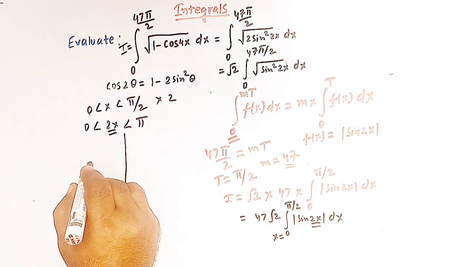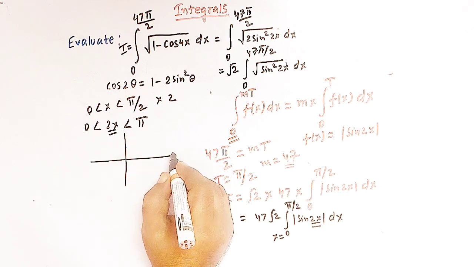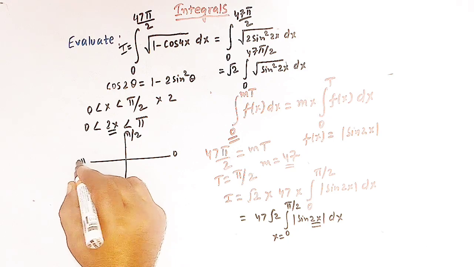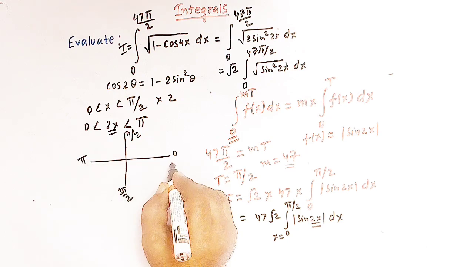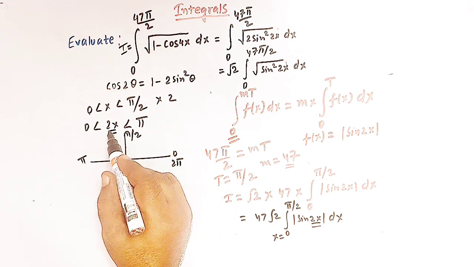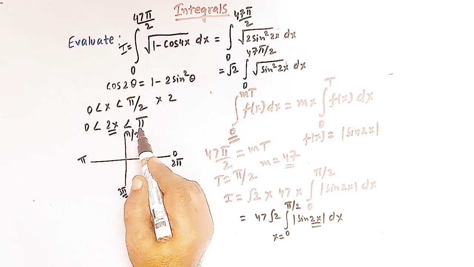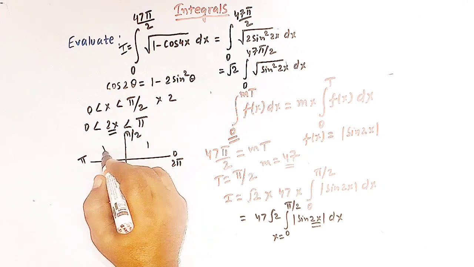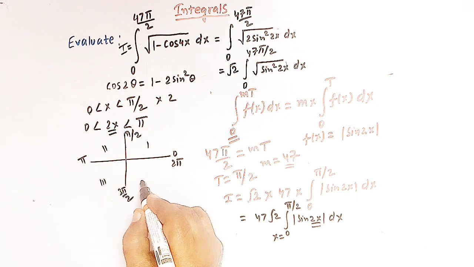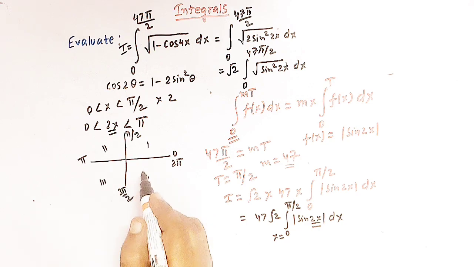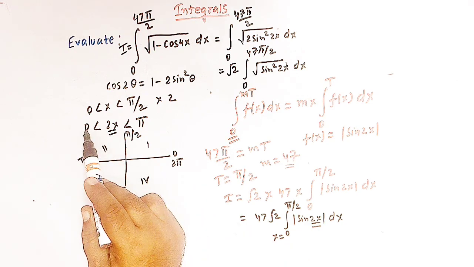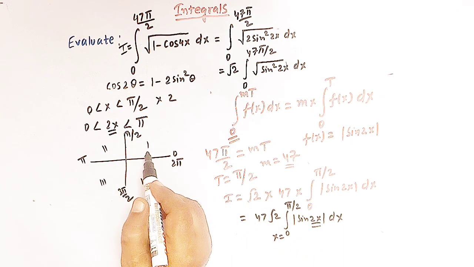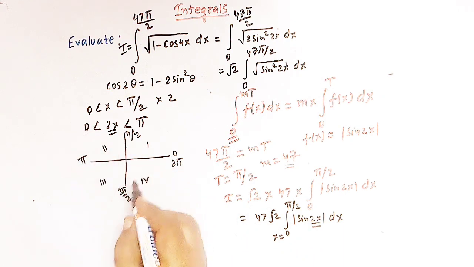If we draw the quadrants here, here we have 0, here we have pi by 2, here we have pi, this is 3 pi by 2, and this is 2 pi. So 2x varies from 0 to pi. It means we have to restrict ourselves to the first and second quadrant only, and these are the third and fourth quadrants.